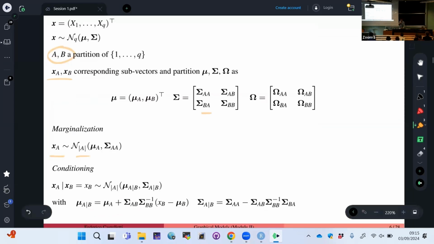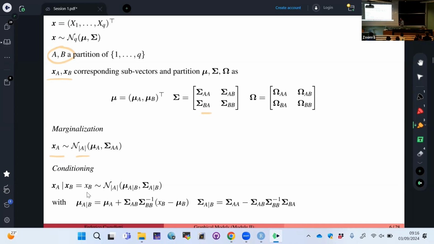Things are a bit more complicated when we consider conditioning. We ask what is the conditional distribution of X_A given X_B equal to some x_B. This is a bold symbol and this is not a bold symbol. I'm not sure you can see the distinction, but anyway. This is still multivariate normal, so the multivariate normal is closed under conditioning. What are the parameters?